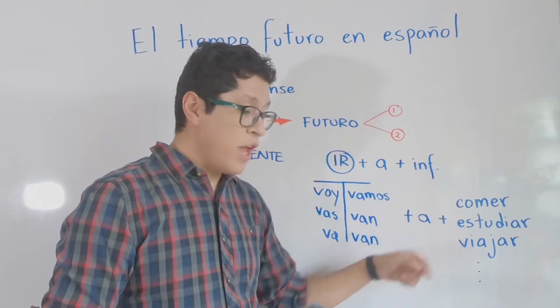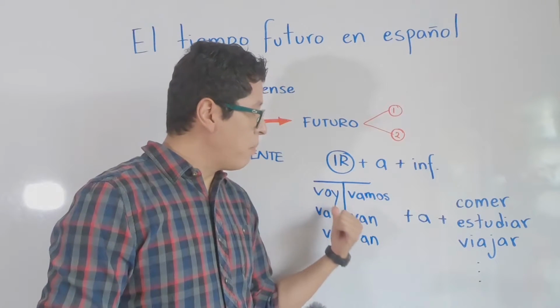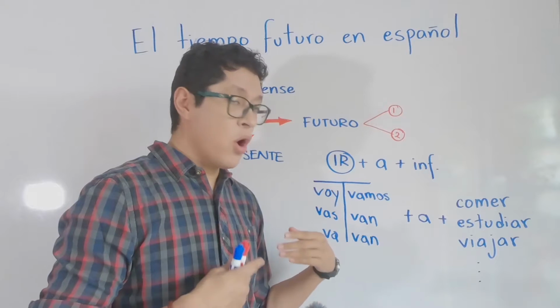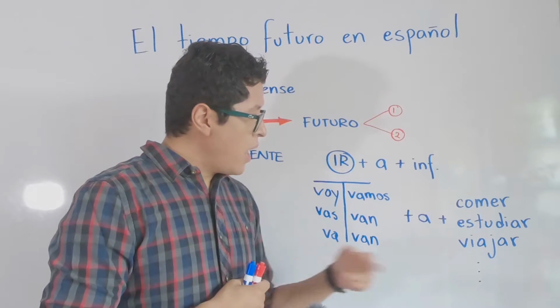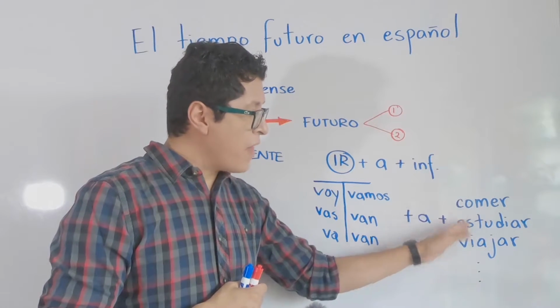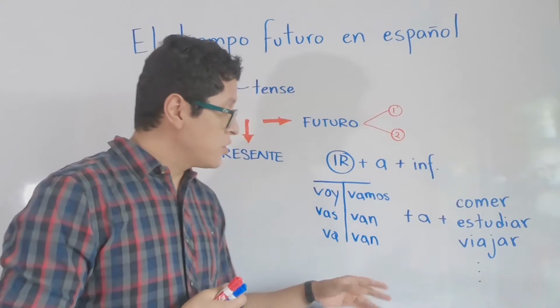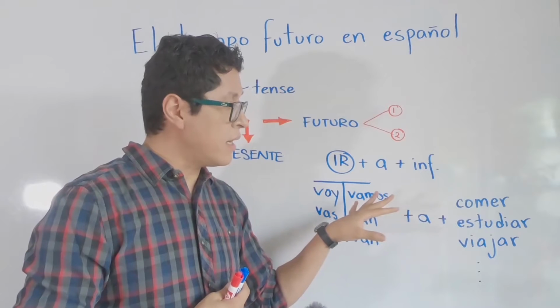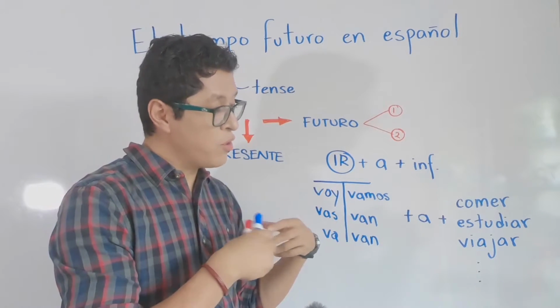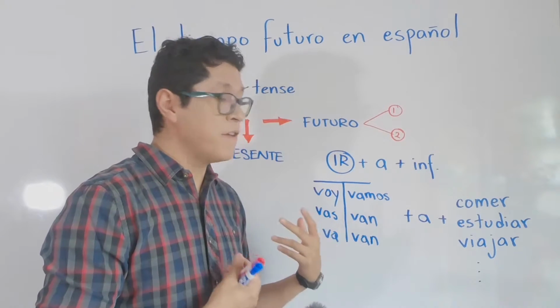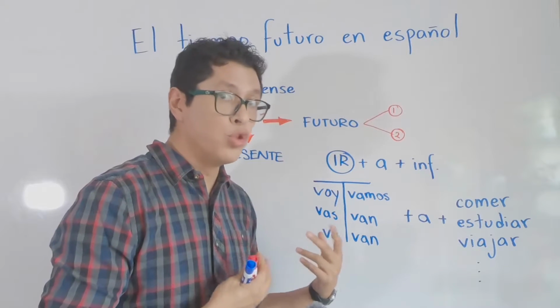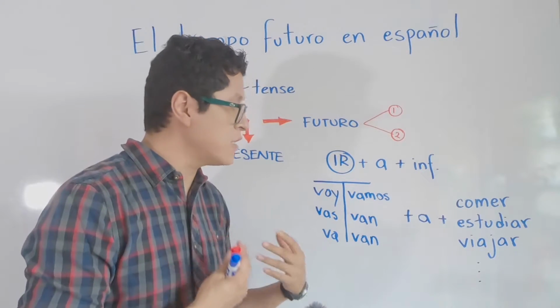Voy a estudiar, I'm going to study. Voy a viajar, I'm going to travel. And as you can see here, you can add any other infinitivo that you want, right? So this is how you express sentences in the future, in futuro, right? That's how you call it in Spanish.